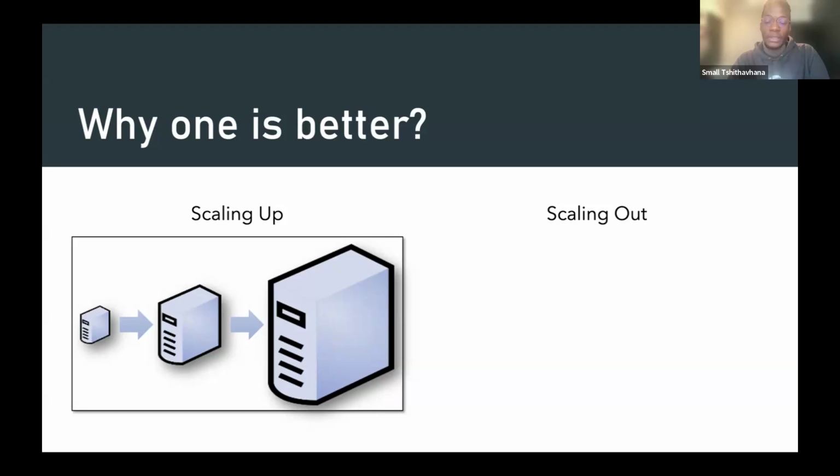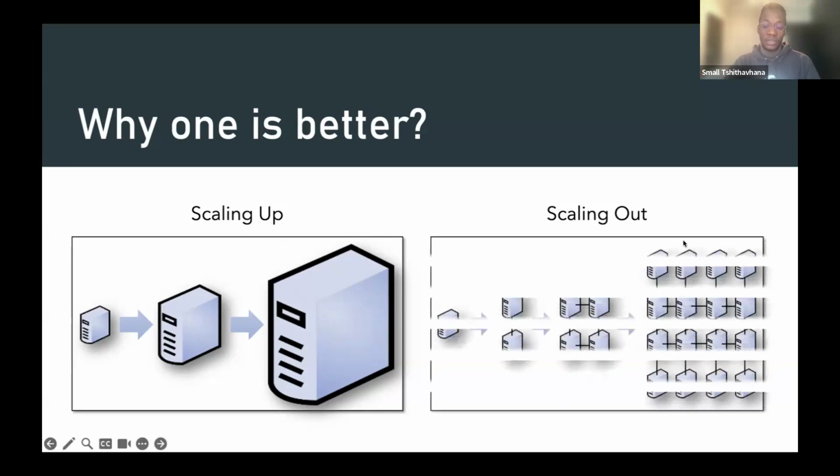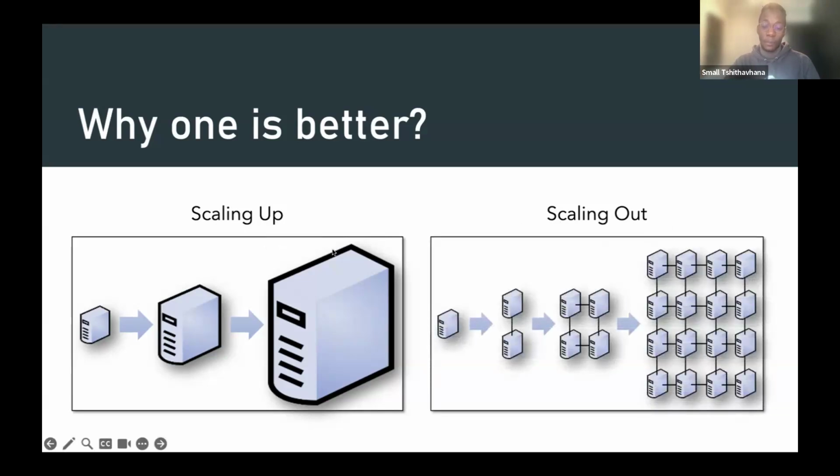At some point, that person, or the machine, won't be able to handle that much when it comes to computation or learning. So instead of doing this, one of the best solutions is scaling out, which is having multiple computers connected doing the same task, or distributing one task across multiple computers.